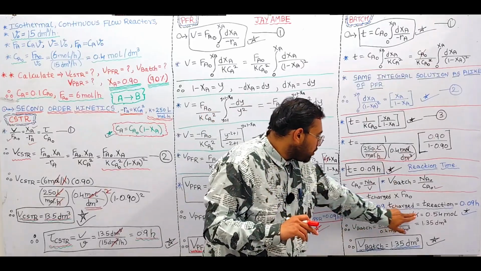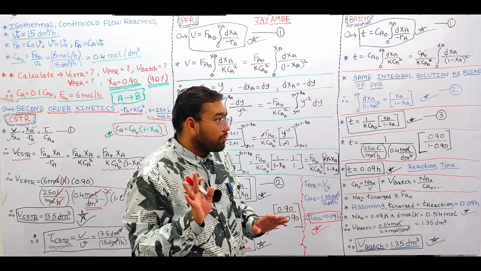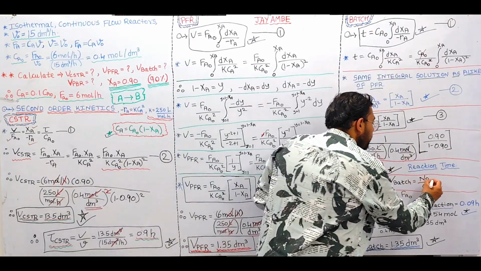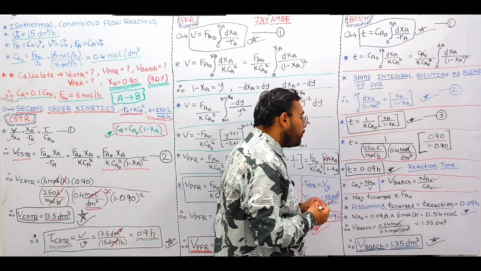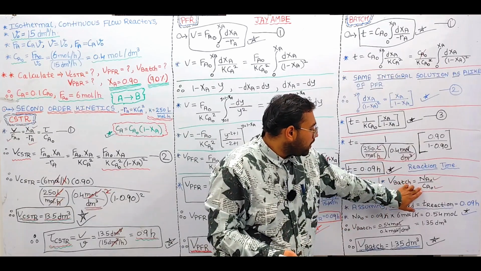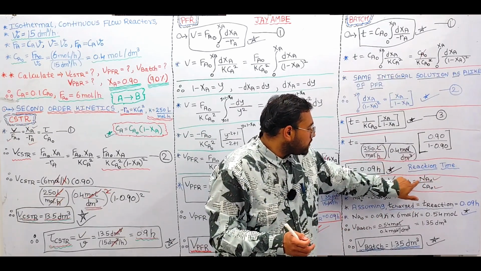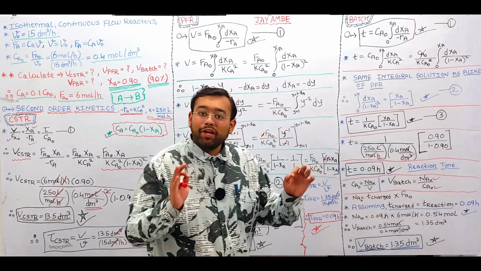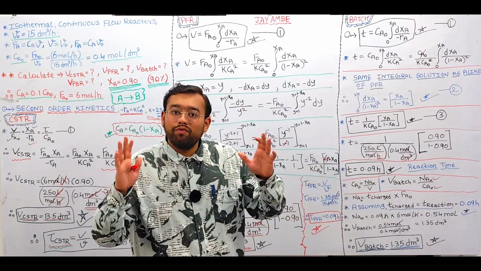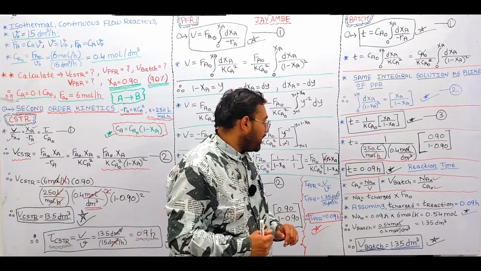So now we have the value of the initial number of moles, and we also have the value of Ca0. By taking the ratio of the initial number of moles and the concentration, we can finally design the volume of reactor we require. So let's calculate that.